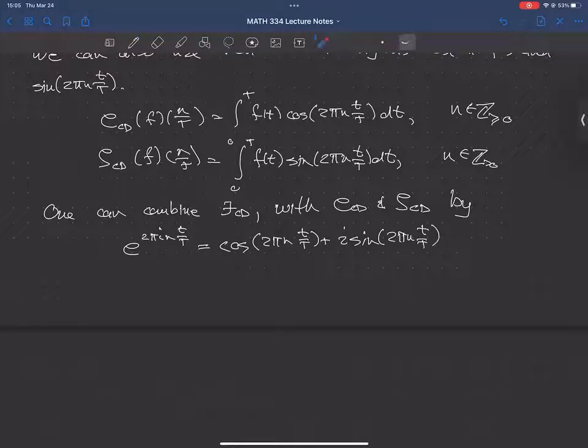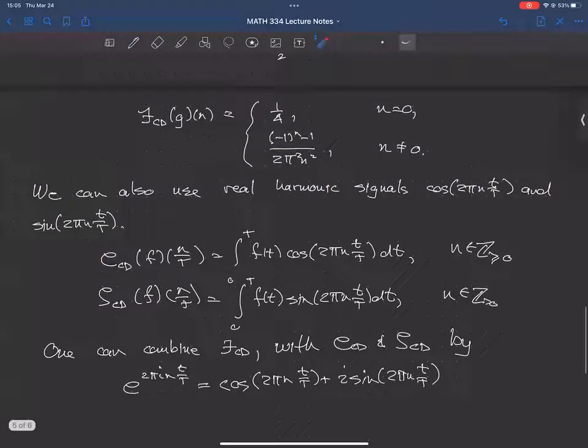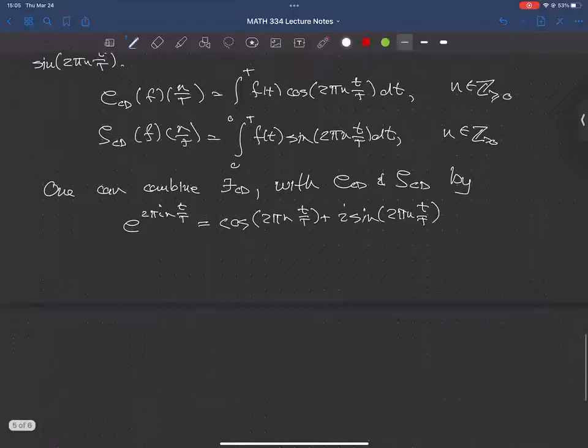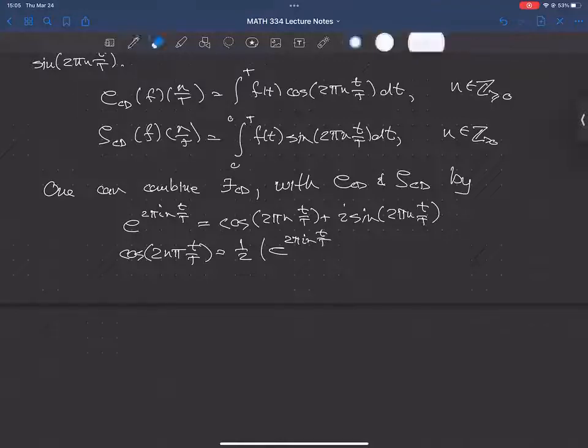So that way you can go from these ones to this one, or you can go the other way, and you would get, by using cosine, 2 pi n t over T is 1/2 e to the 2 pi i n t over T plus e to the minus 2 pi i n t over T. And you can also back out sine from this.